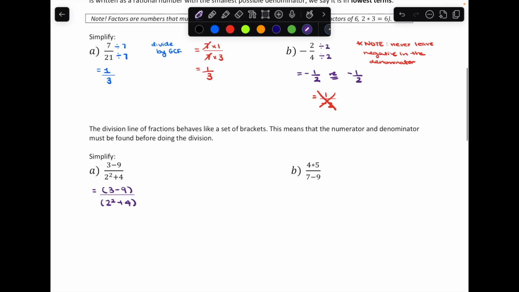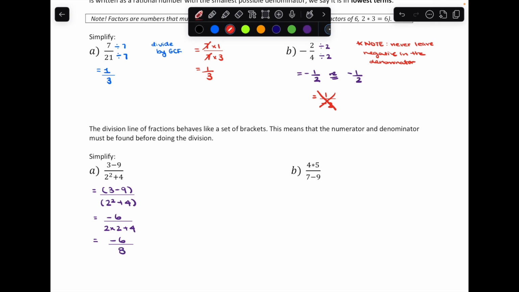And so here we have 3 minus 9, which is going to be equal to negative 6. And 2 squared, remember, 2 squared would just represent 2 times 2. And we're going to add that to 4. So here we have negative 6 divided by 2 times 2, which is 4. 4 plus 4 would give us 8.